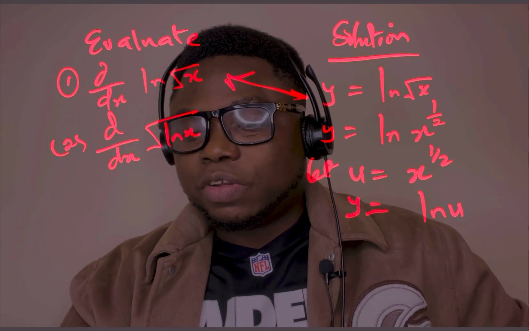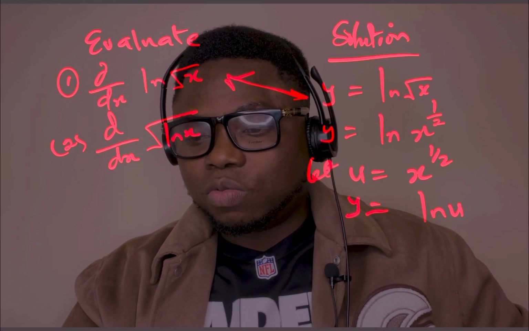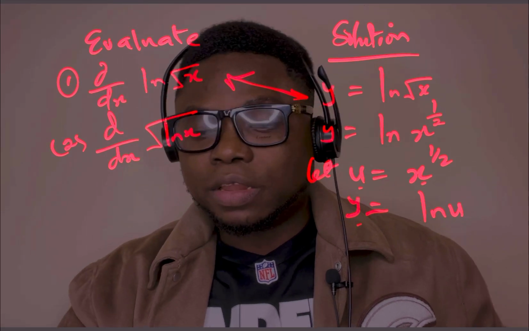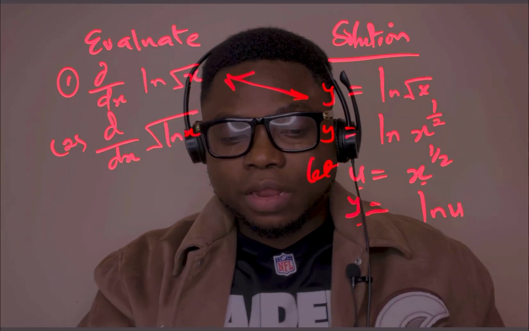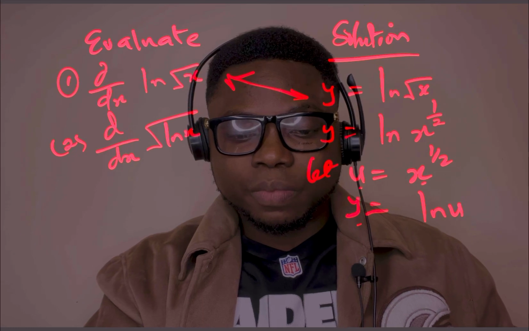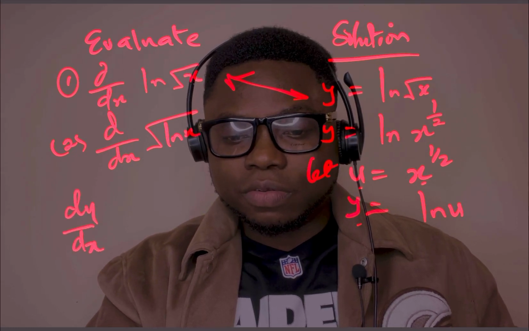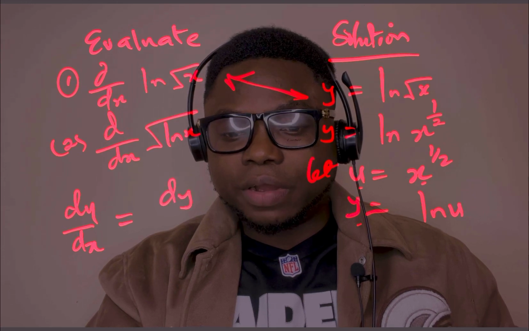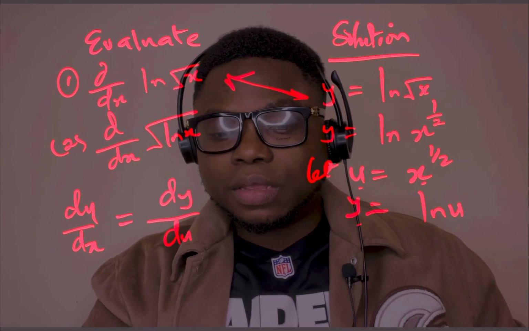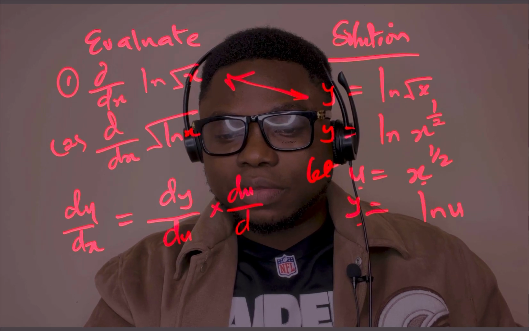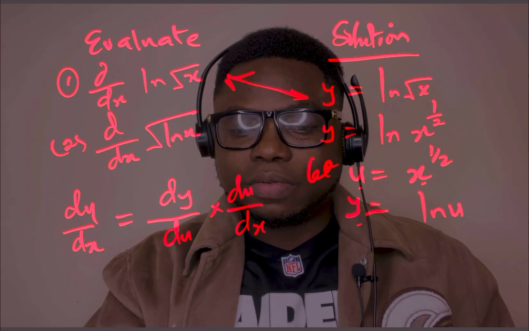So in this case, I'm going to differentiate u with respect to x and differentiate y with respect to u, then multiply. That is the chain rule. Remember that the chain rule is dy over dx equals dy divided by du multiplied by du divided by dx. This is the chain rule.